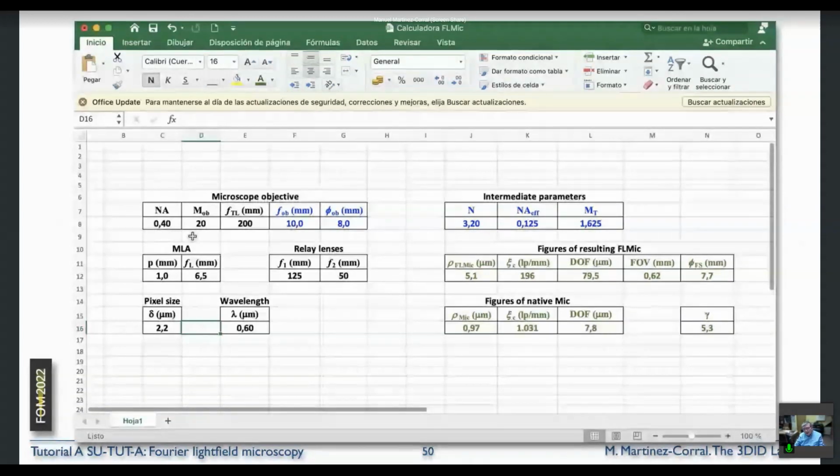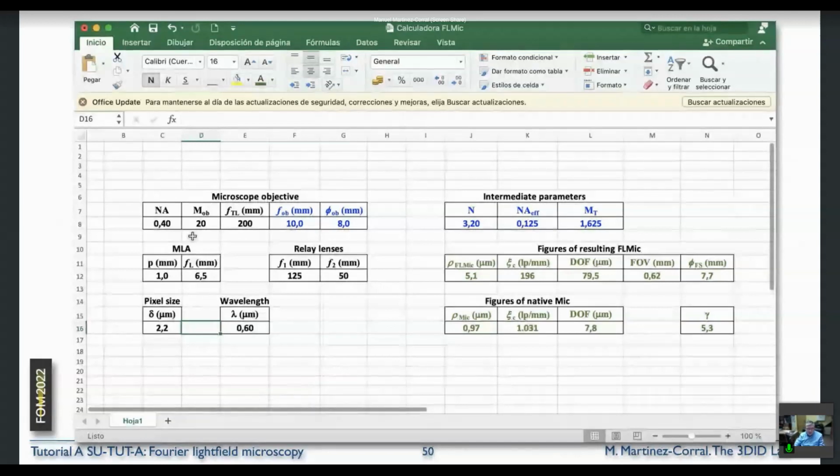Blue is calculated, let's say intermediate parameters, and in green are the figures of the Fourier Lightfield or native microscope. This is the example I showed you before. So with this objective, this microlens array, this relay, this pixel size, we could obtain this effective numerical aperture, this number of images, resolution in line pairs per millimeter, depth of field, etc.